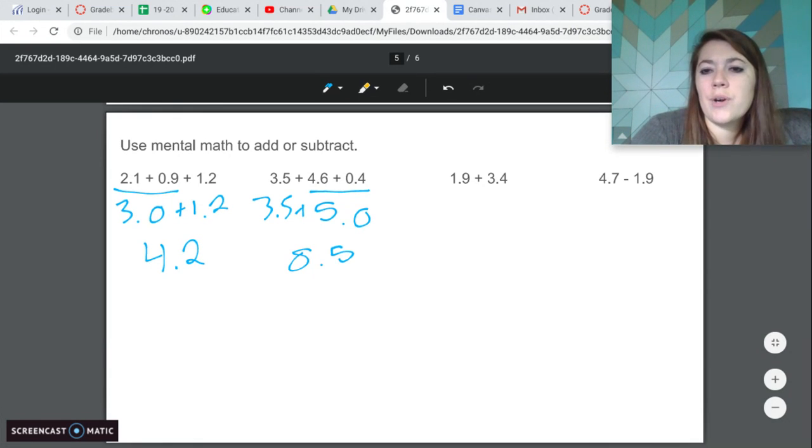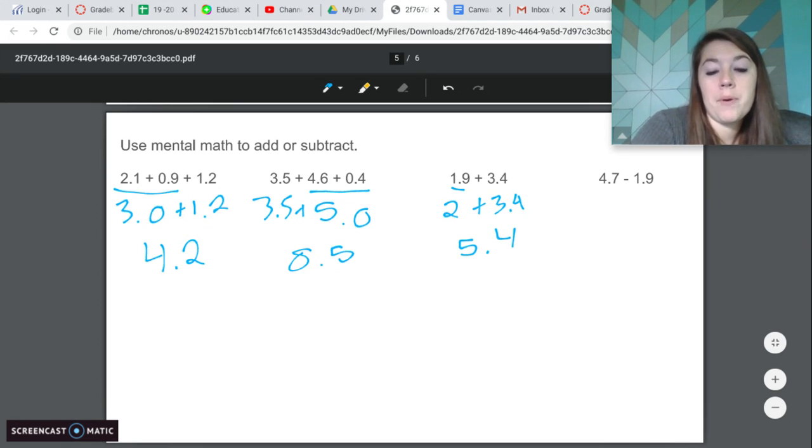The next two, are they quite as easy? Nope. So here's where we want to use compensation. So we can change this first one to 2. So we have 2 plus 3 and 4/10, which will give us 5 and 4/10.